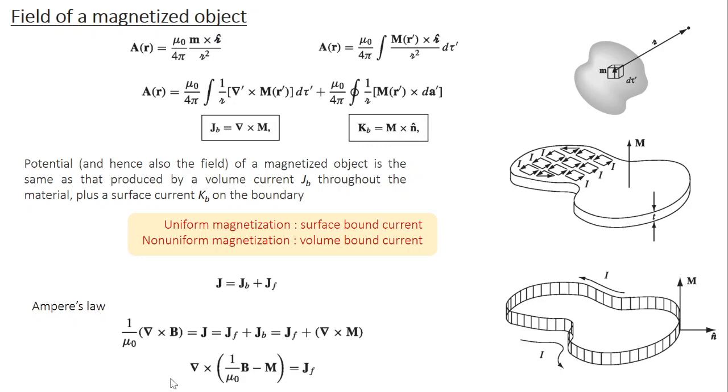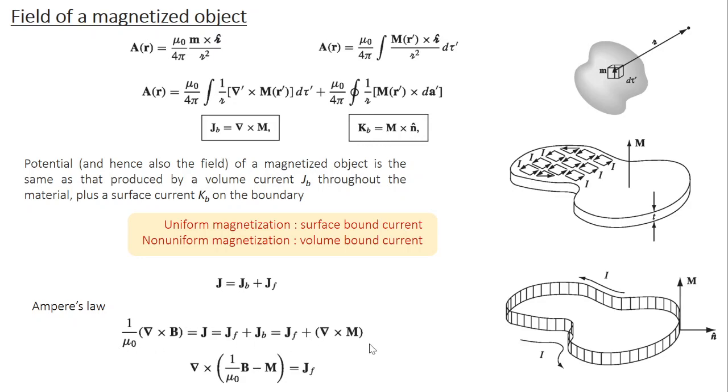If you recall Ampere's law, curl of B equal to mu naught J, let's rearrange the terms and write 1 over mu naught curl of B equal to J. Now J can be written as a combination of free current plus bound current. Substitute for bound current. So this will give you 1 over mu naught curl of B equal to JF plus curl of M.